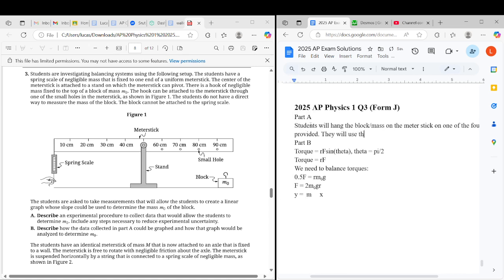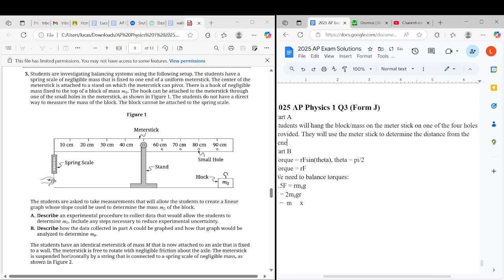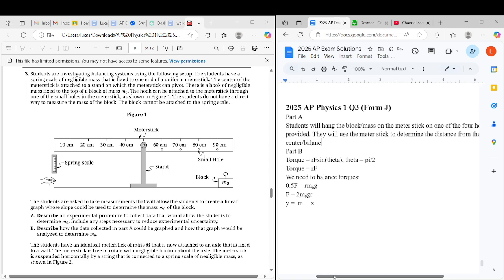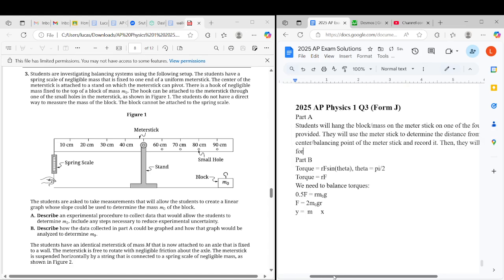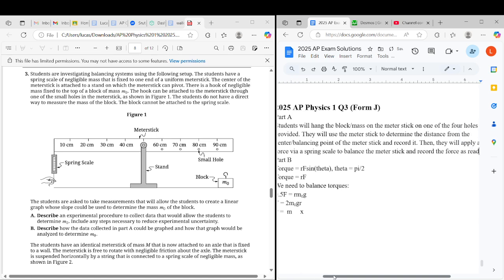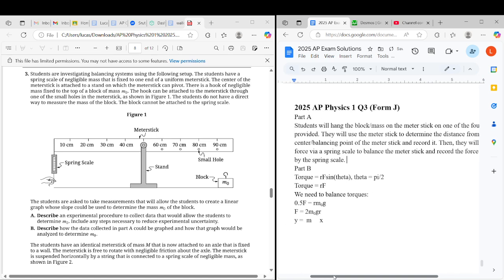They will use the meter stick to determine the distance from the center or balancing point of the meter stick and record it. Then they will apply a force via a spring scale to balance the meter stick and record the force as read by the spring scale.